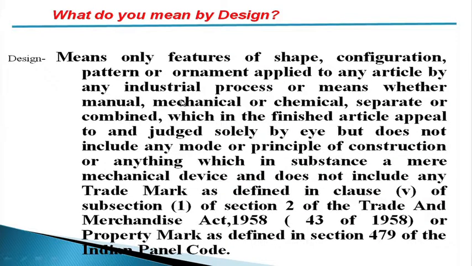The industrial process may be done manually, just like cottage industries, such as pottery industries. Mechanical means using mechanical means. Chemical means surface ornamentation can be applied on an article by chemical means. Separate means you can apply all those tools for the industrial process separately, like in the car industry.